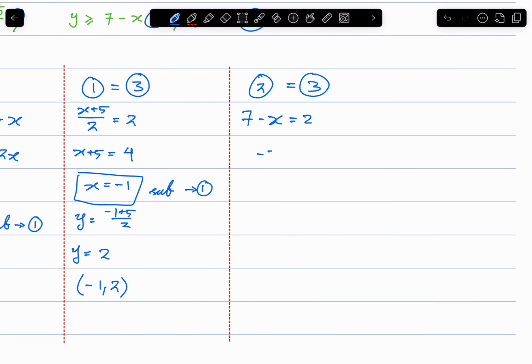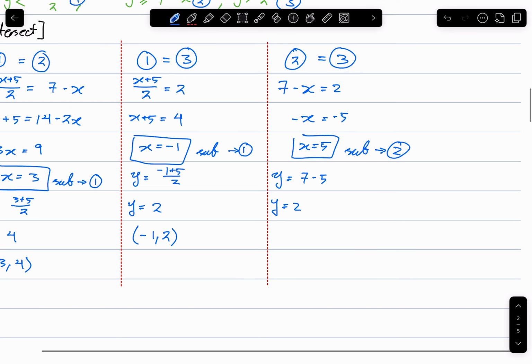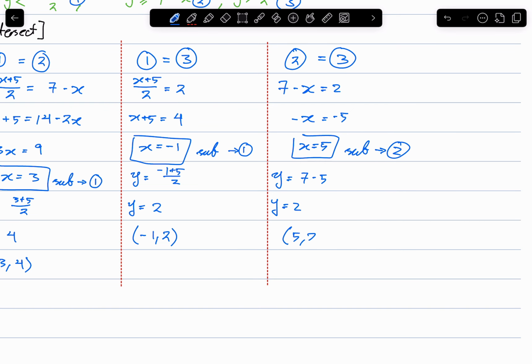Solving this, we get -x equals -5. So x must just equal 5. And again, subbing this into equation 2, we get y equals 7 take away 5, y equals 2. So (5, 2).